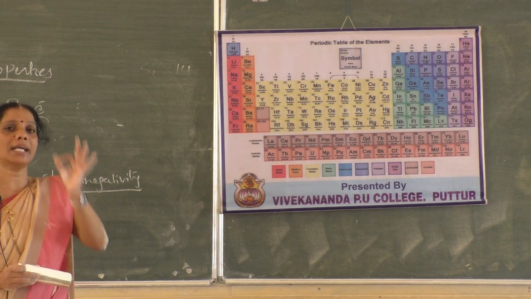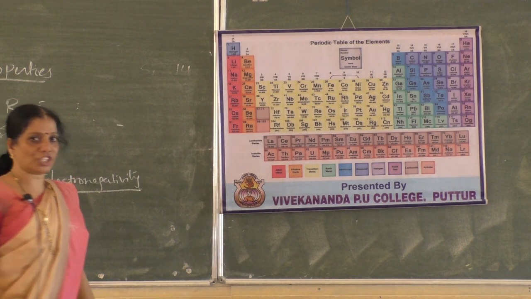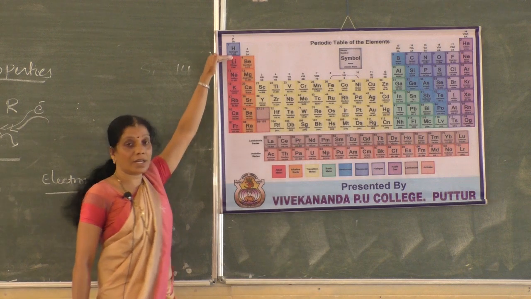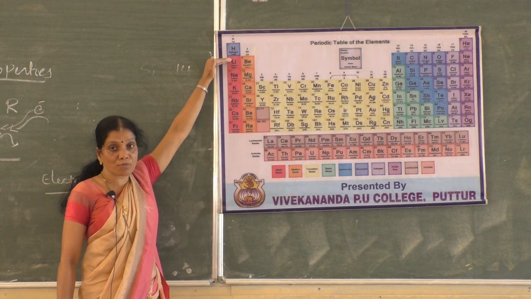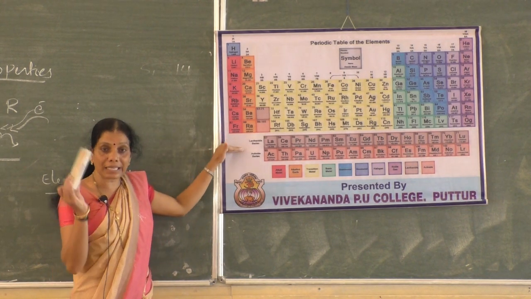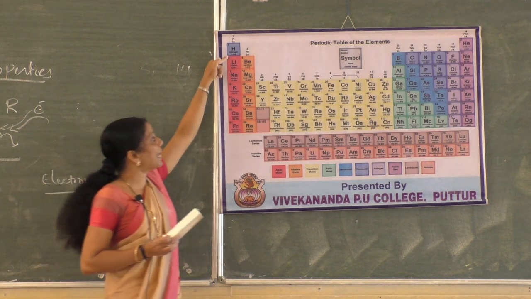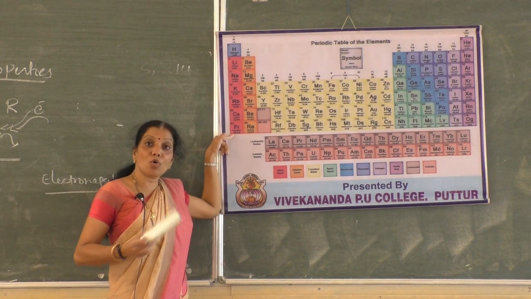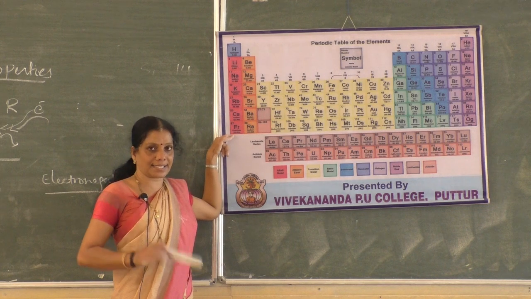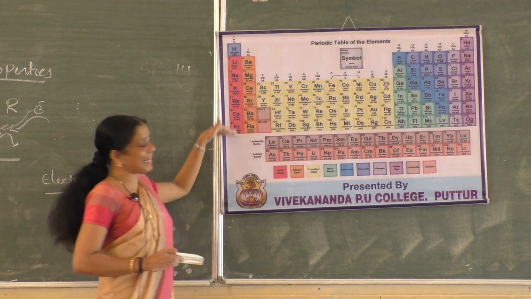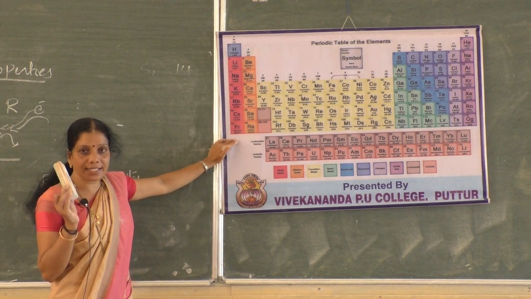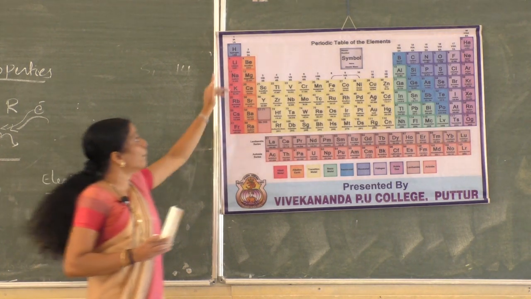All the metals are what? Electropositive in nature. Therefore, if we move from top to bottom in a particular group, metallic character, what happens? It goes on increasing. Metallic character always increases down the group.